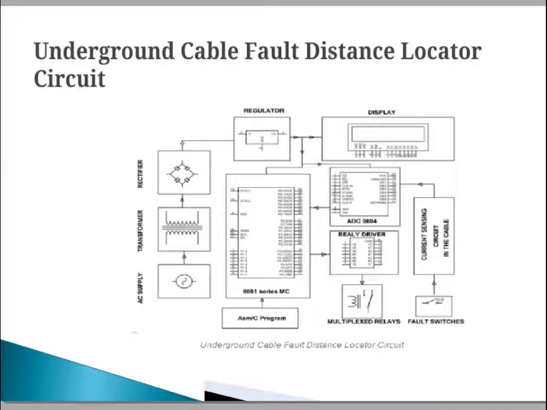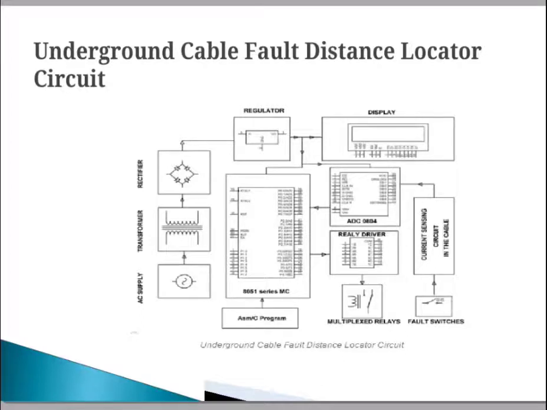In this circuit, when a low voltage is applied to the feeder end through a series resistor, the current differs based on the location of the fault in the cable.